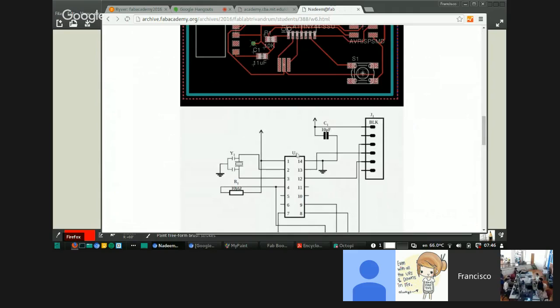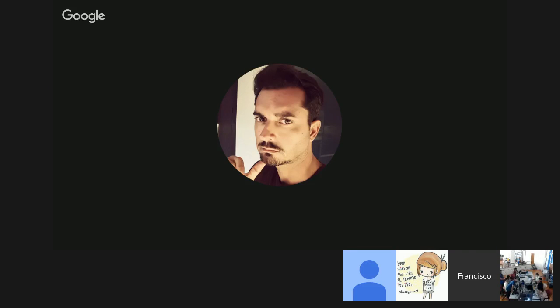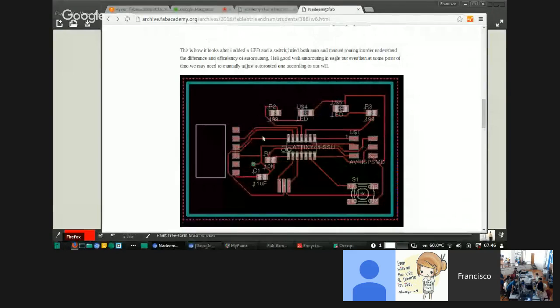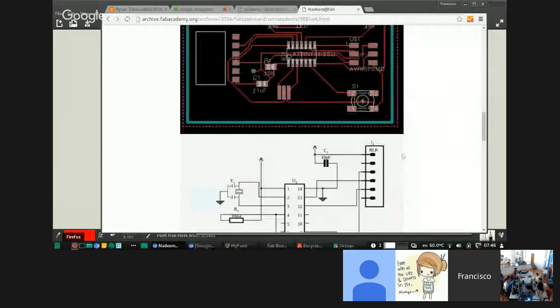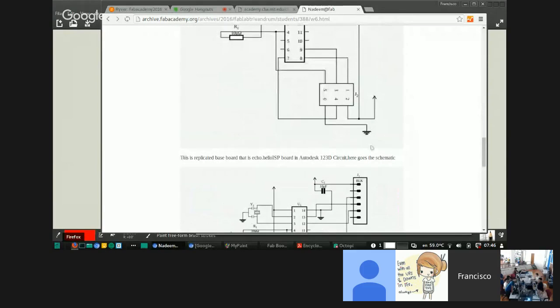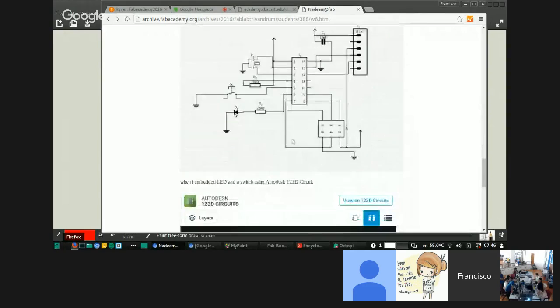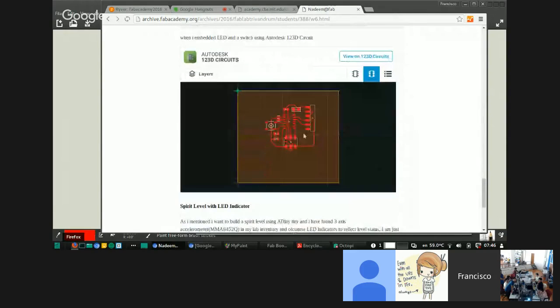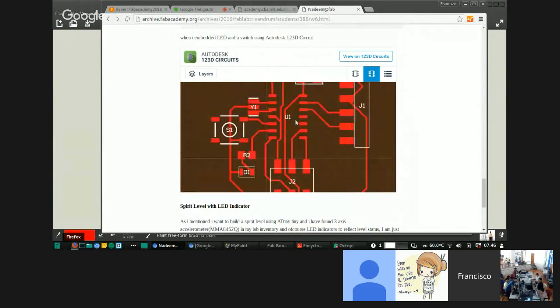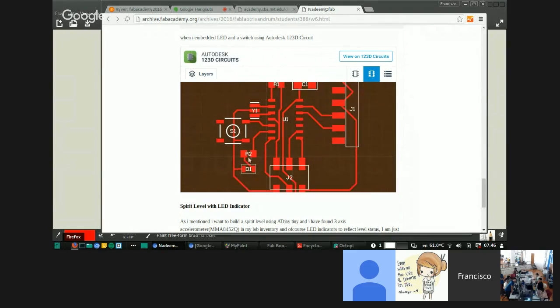This is an Eagle schematic. The below one is Eagle actually. You can scroll down and see. Eagle also. Yeah, can you please scroll down? This is 1, 2, 3D circuits. Okay, so this is the board in 1, 2, 3D circuit.